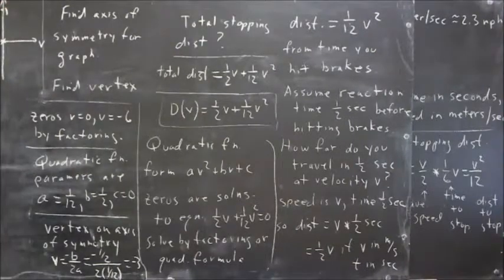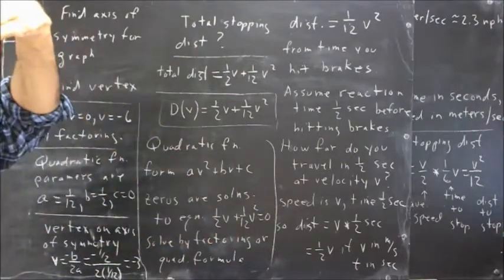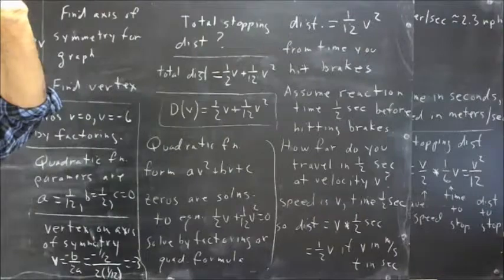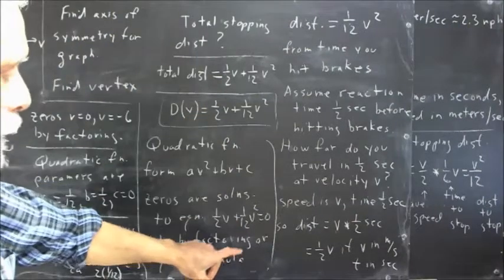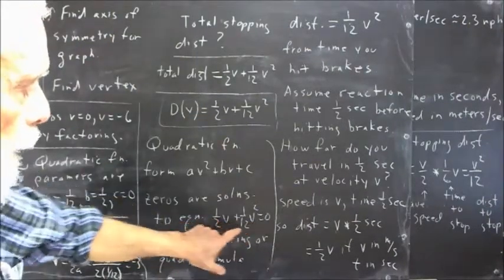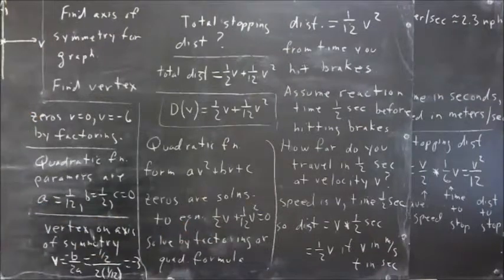And the vertex will be at v equals -3. If we plug in -3, we're going to get 9 here, -3/2 here. We're going to get a negative value, which doesn't correspond to a real velocity.